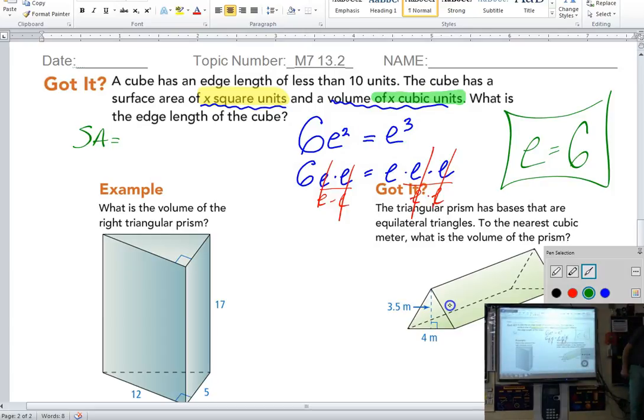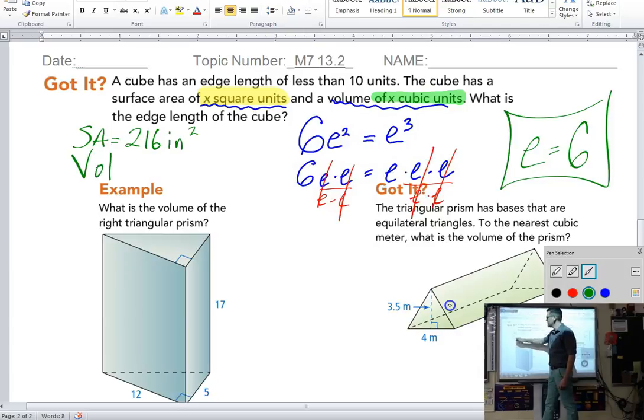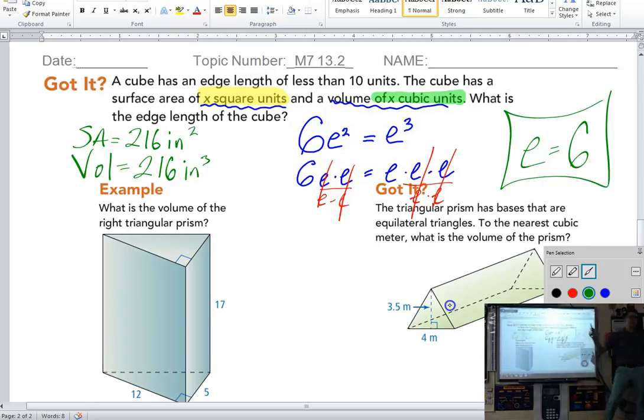It'd be 180 plus another 36. We get 216, I believe. So that's 216, let's say, inches squared. And the volume would also be 216, but it's inches cubed. So they come out numerically the same, but mathematically they are not representing the same thing. One is square units, one is cube units.